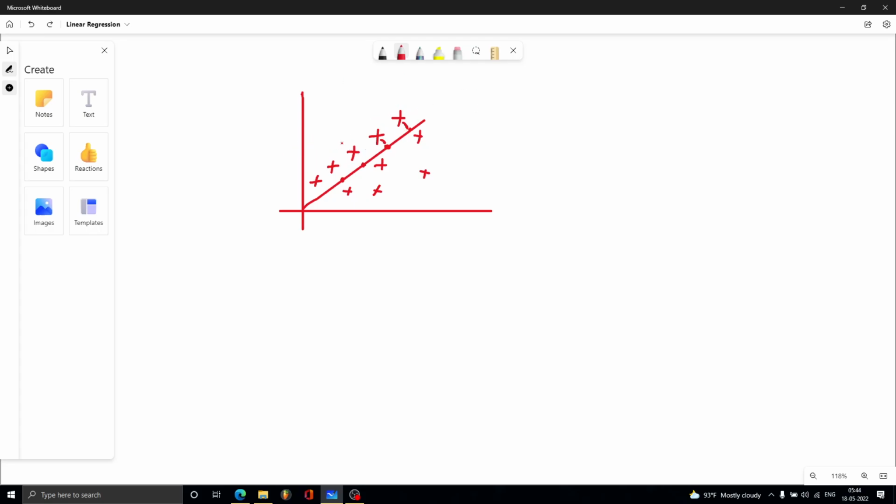For this we have a concept known as cost function. The cost function tells you the margin of error, or the error rate. If we want to find the best fit line, we need to reduce this cost function as much as we can.